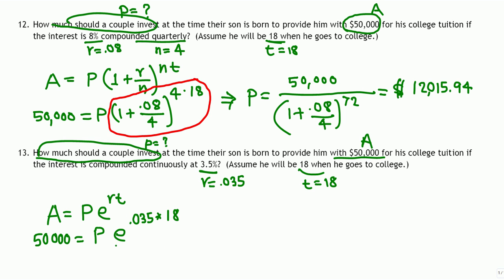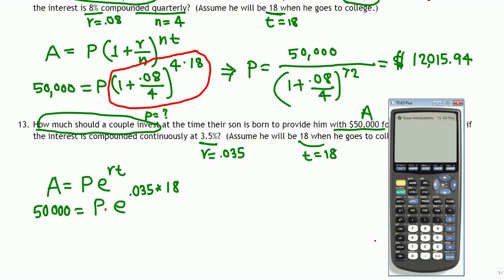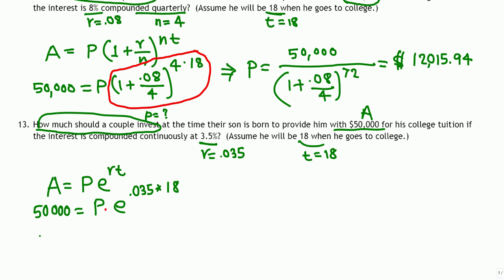So this will be a decimal number again, and to isolate P, we divide both sides by this decimal number. In fact, we can multiply 18 times 0.035, that is 0.63. So 50,000 equals P e raised to 0.63.